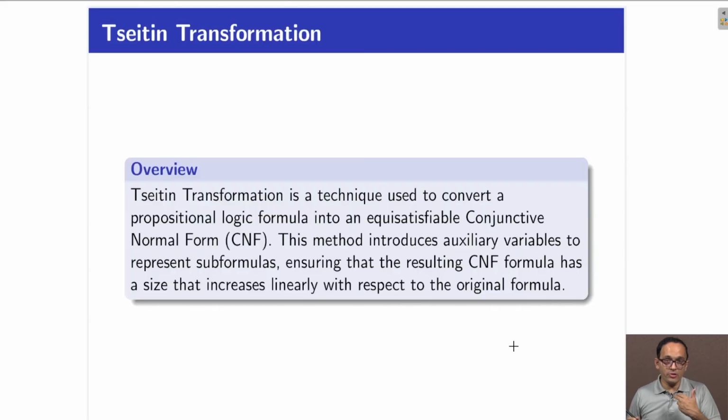So, before going into this, we also want to make it clear that the conversion makes an equisatisfiable formula, not an equivalent formula. Okay. I hope you remember the difference between equisatisfiable and equivalent, but just to recap, what is equivalent?